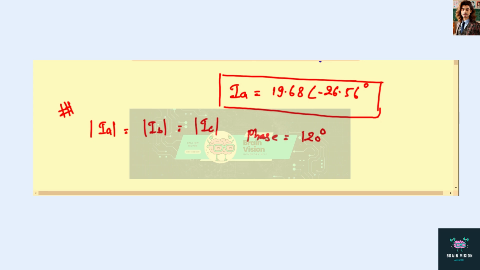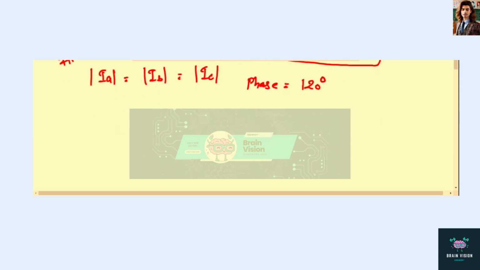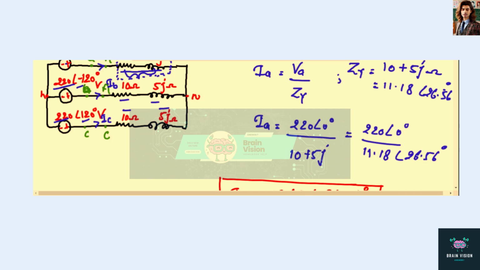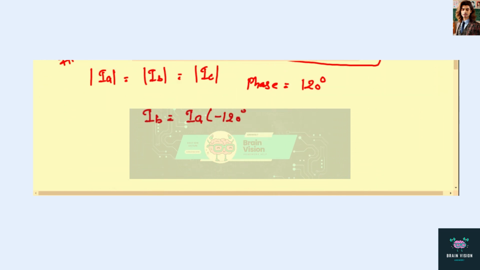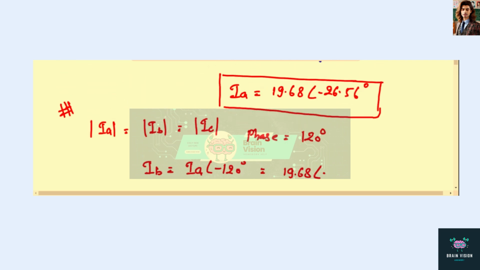So IB can be written as IA angle minus 120 degrees, because VB is lagging by 120 degrees, as you can see over here. Putting in the value, it will be IA, that is angle minus 26.56, minus 120 degrees.